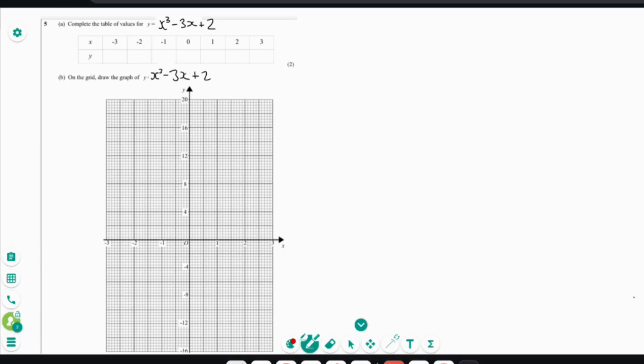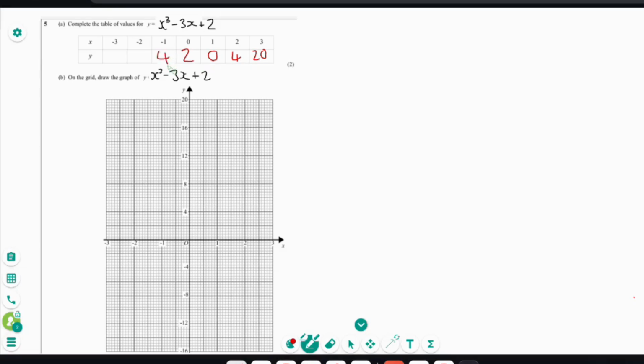So if x is 3, 3 cubed minus 3 times 3 plus 2, 20. 2 cubed minus 3 times 2 plus 2. 1 cubed minus 3 times 1 plus 2. Minus 1 cubed minus 3 times negative 1 plus 2.